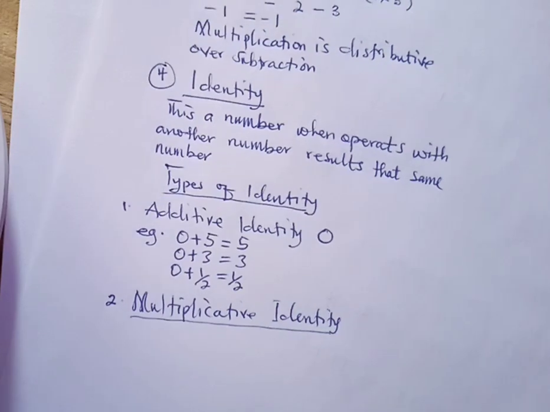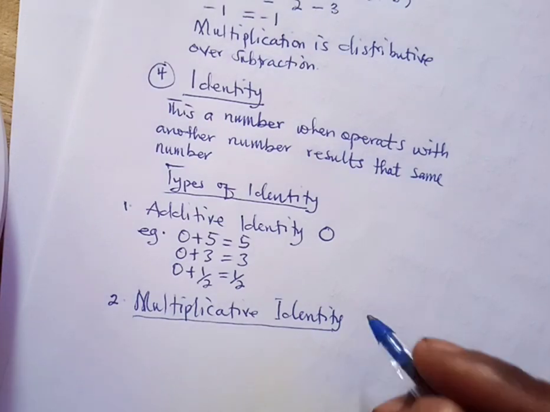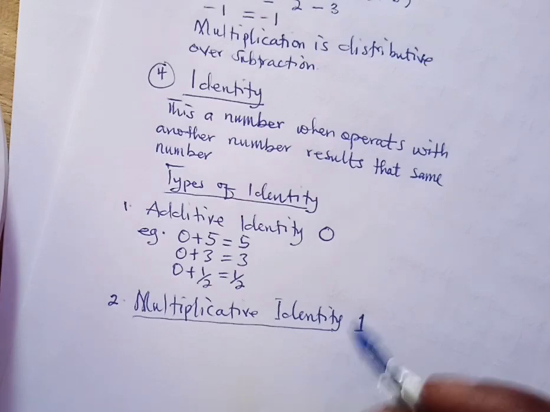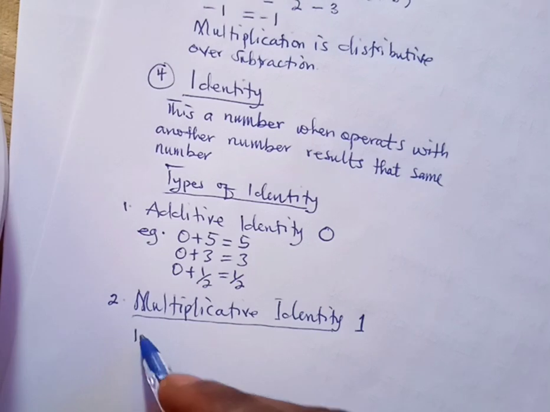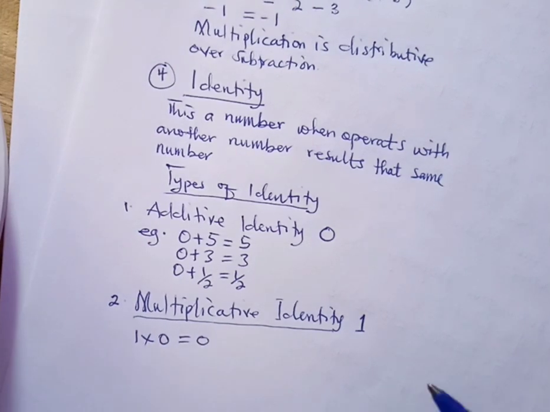All right. So which number, you ask yourself, if you multiply by another number, you still get that number? So for multiplicative identity, it is what? 1. Okay. So multiplicative identity is 1. If you multiply 1 by any number, you are still going to get that same number.